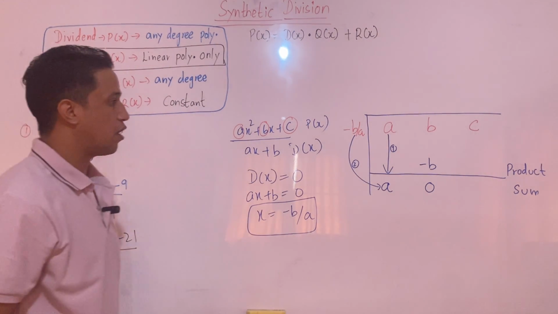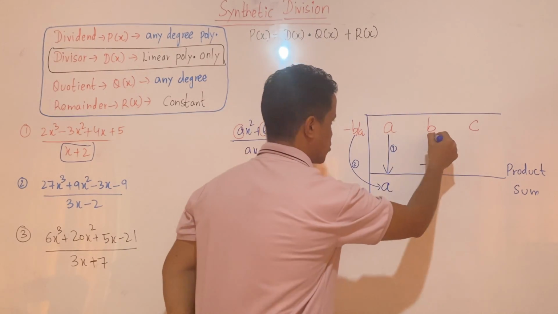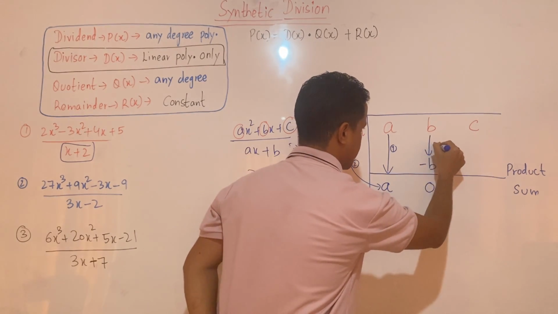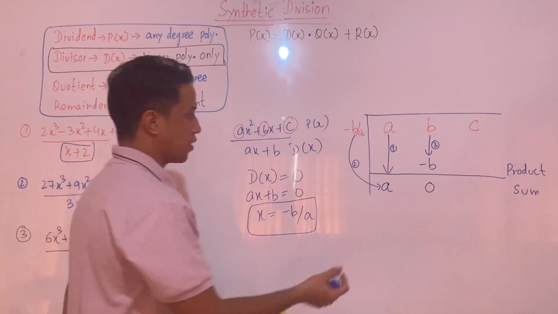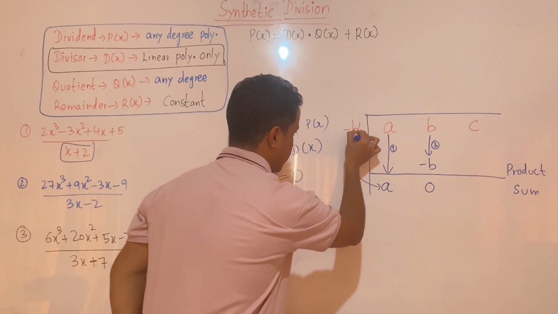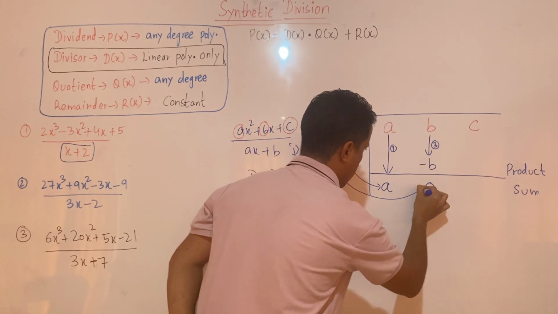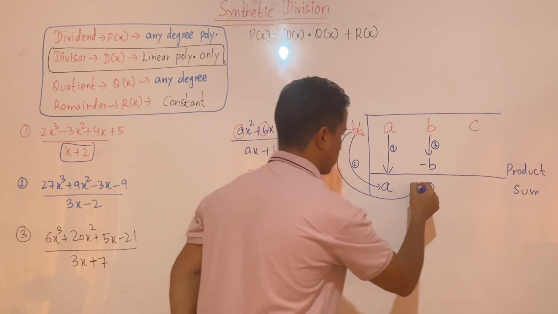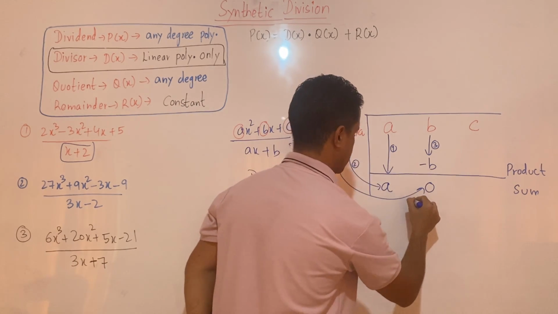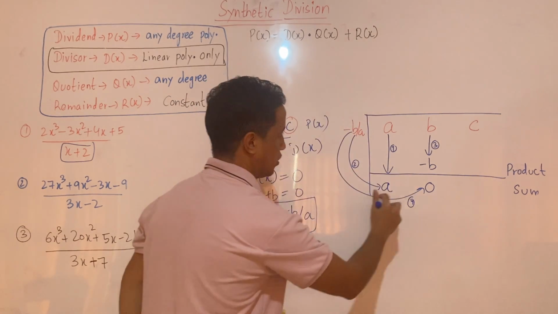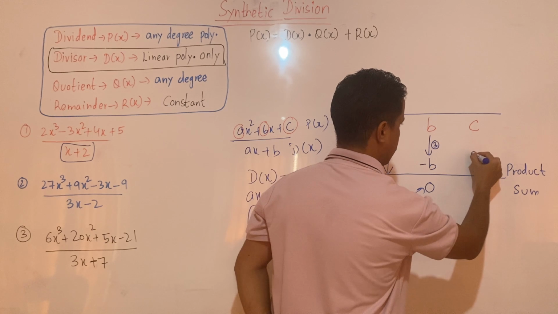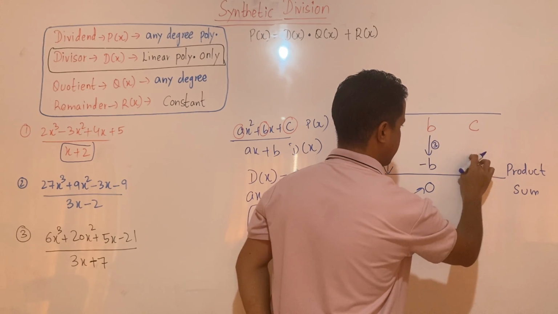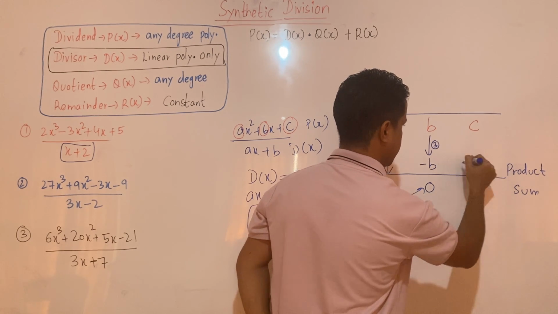Now this is going to be my third step. My fourth step would be multiply. So when I multiply this, it would be 0, 0.